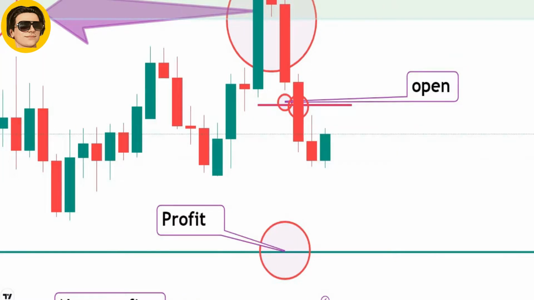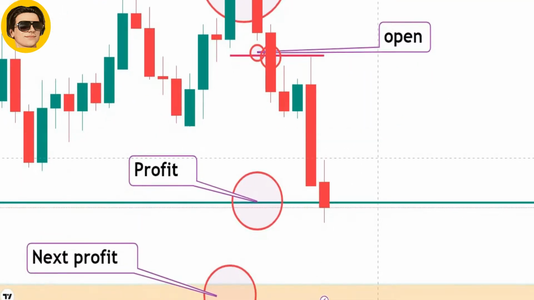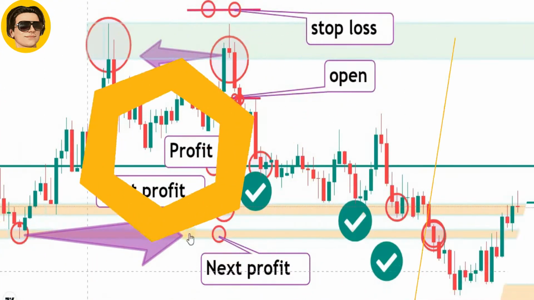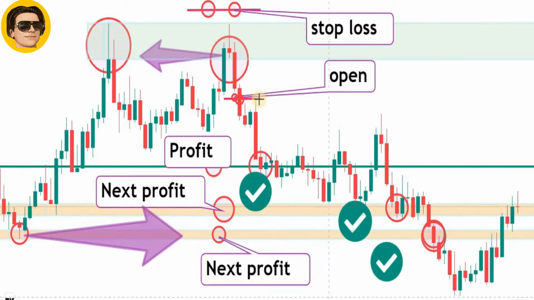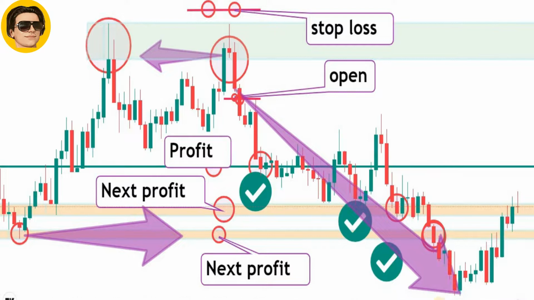Continue. Next candle. Yes, I get first profit, 1 profit. Yes, look at here. Okay, first profit. Okay, 2 profit and okay, 3 profit.